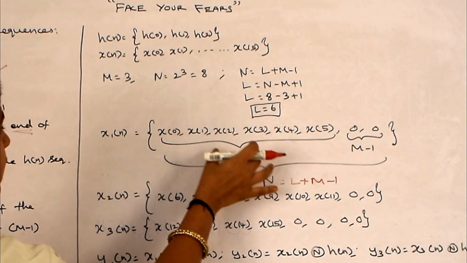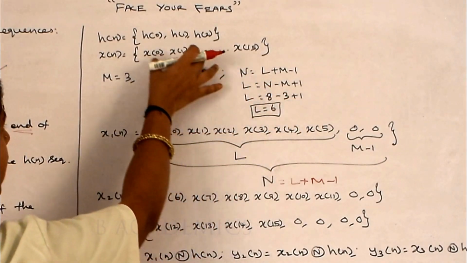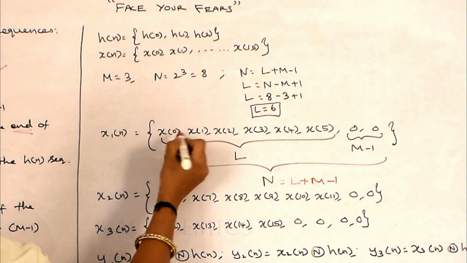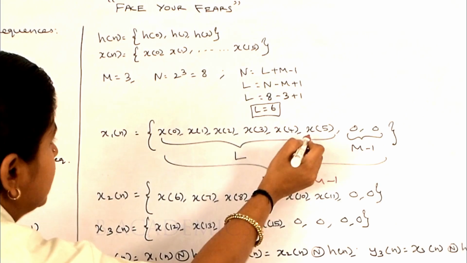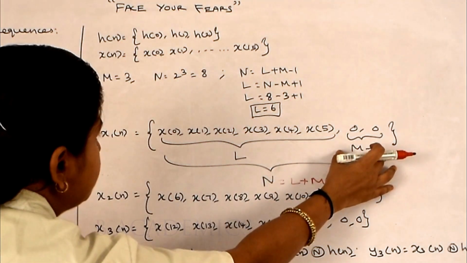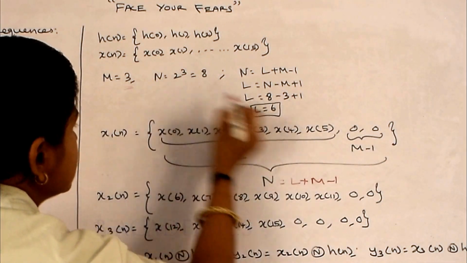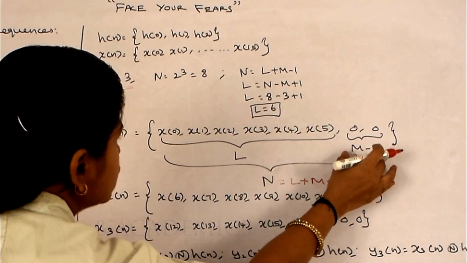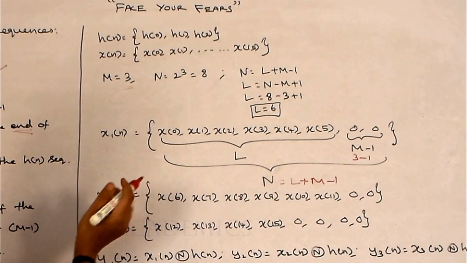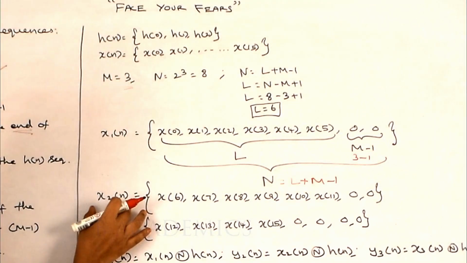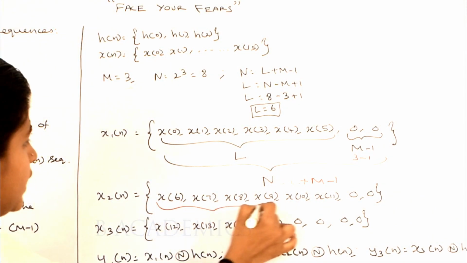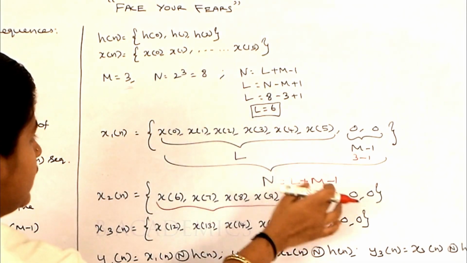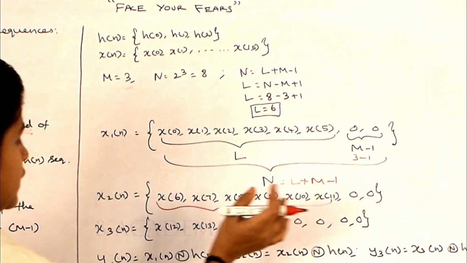So your length of each subblock should be N, which is equal to L plus M minus 1. So first I am writing L data, 6 data from the actual input given, x of 0 to x of 5, first 6 data. The last M minus 1 data, here M is 3, so 3 minus 1, 2 data, should be 0. Same way, in the next subblock, I am writing the next 6 data from the actual input given and the last 2 data should be 0.